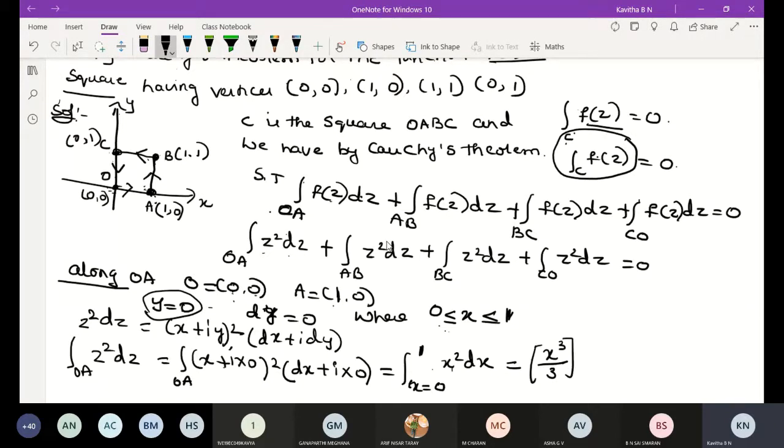Then apply the interval 0 to 1: apply the upper limit, substitute 1, giving 1 by 3, and the lower limit 0 by 3 is 0. So along OA we are getting 1 by 3. Any doubt in this one?